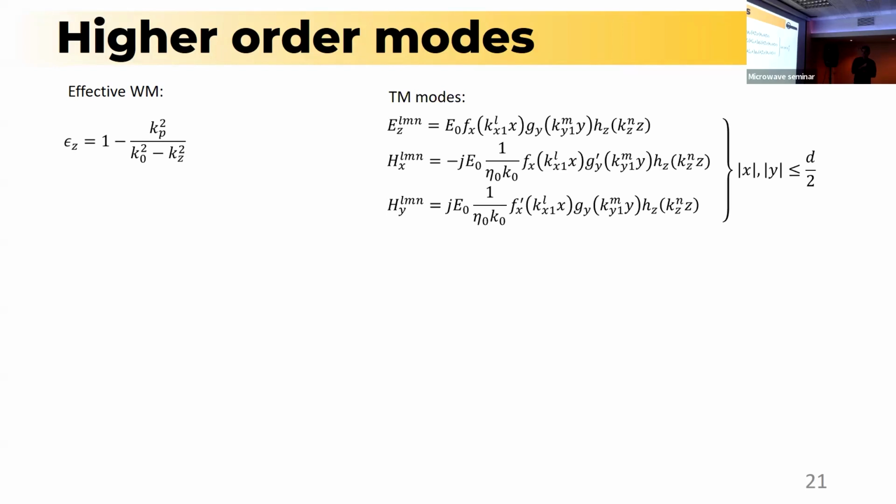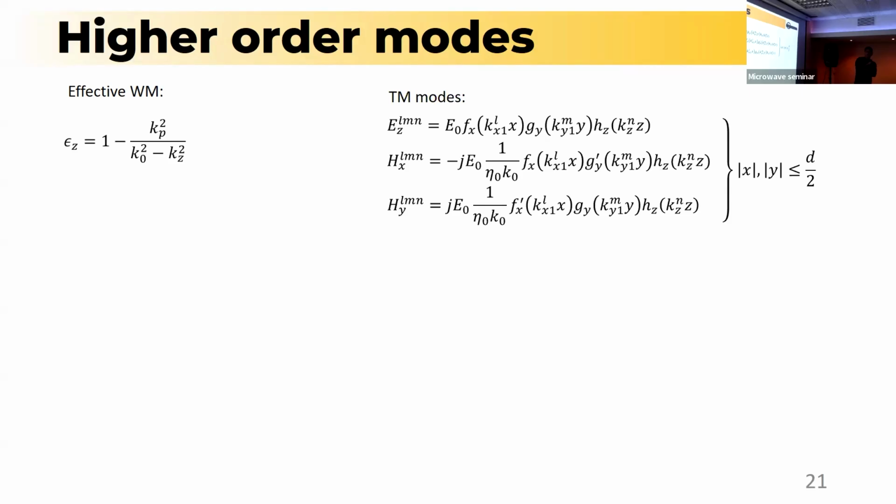So in the higher order modes, we need to consider the effective wire medium with the spatial dispersion effects, because we are allowed now to have variations along Z. We need to consider the fields with a general approach.